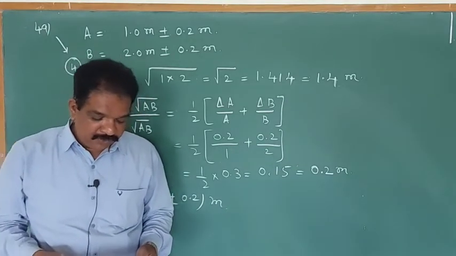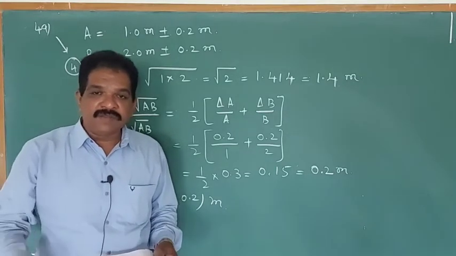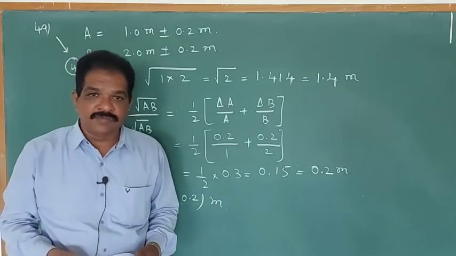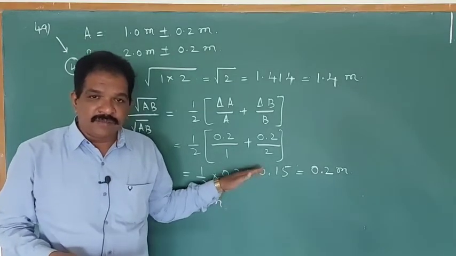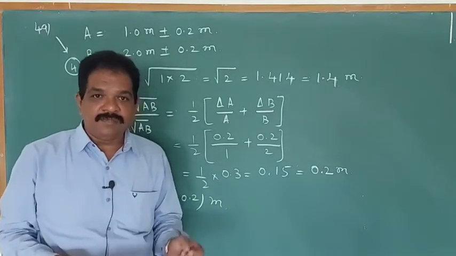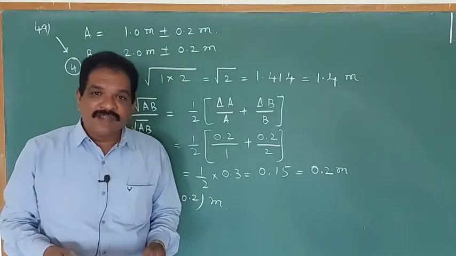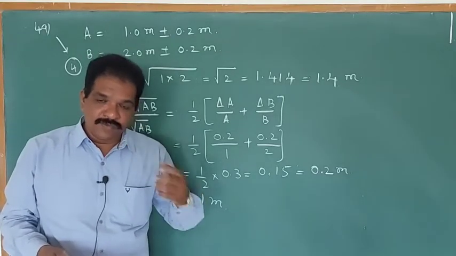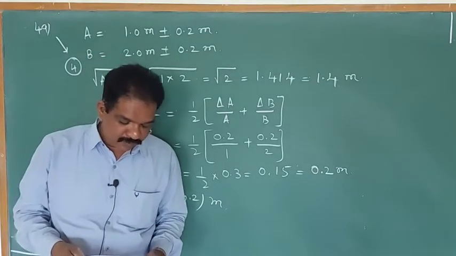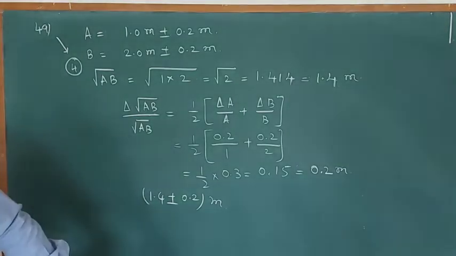Q50, we already told, is a practical-related question, because some of the students have not observed what a vernier calipers is. It is difficult for them to follow. That's why you just neglect it temporarily. For the time being, neglect this. Whenever practicals are started, we'll do those questions also. Okay. First, that atomic part has been completed.